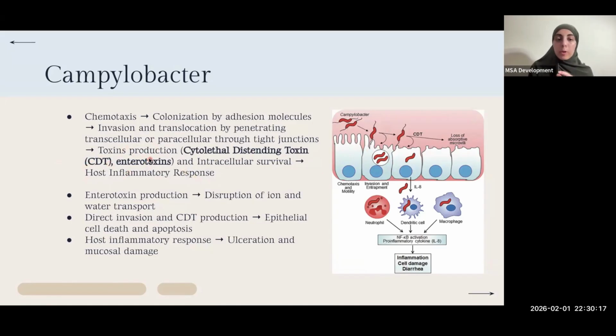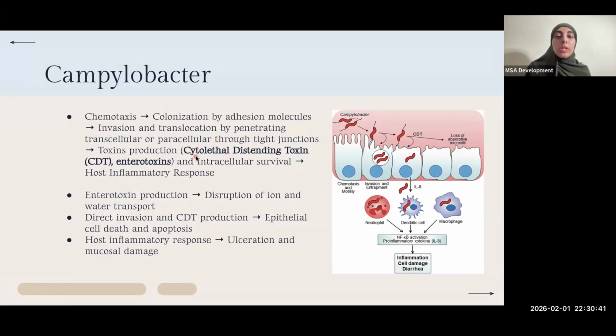The enterotoxin that Campylobacter produces is going to disrupt ion and water transport. Remember, anytime you have toxin, you have watery diarrhea because of disruption of ions. So enterotoxin from Campylobacter disrupts water and ions. Then the other part of pathogenesis is the CDT production, which is the cytolethal distending toxin.